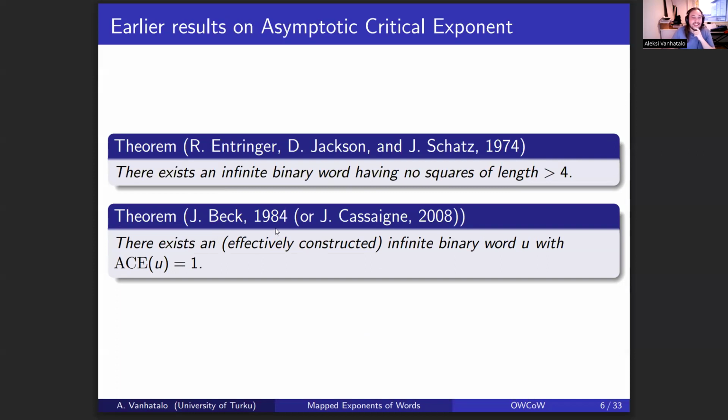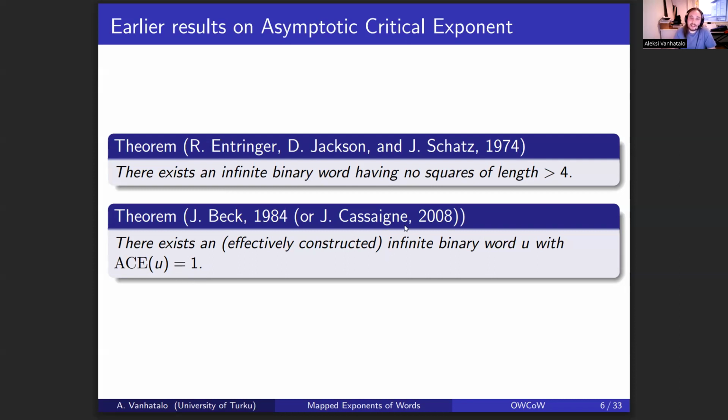And then 10 years later, Beck showed that there exists an infinite binary word with asymptotic critical exponent equal to 1. And obviously that is an extreme value. You cannot get smaller than 1. It's somewhat difficult to get your head around how these words work, but they exist.